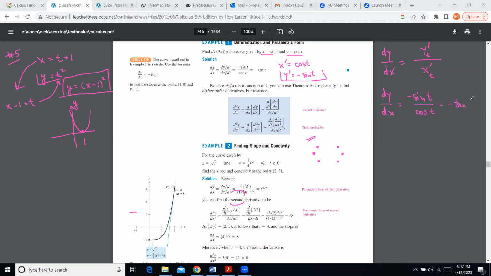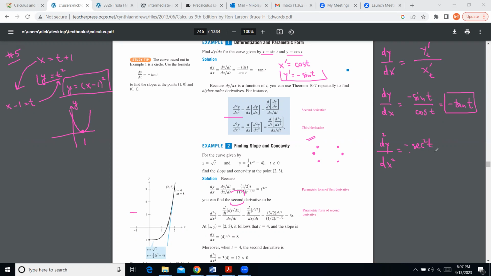That's the tangent. Now, you can also find the second derivative by taking the derivative of the first piece. So we call it d2y with respect to dx squared, the second derivative. So you need to take the derivative of tangent. Remember, the derivative of tangent is secant squared, something like that. And since it's negative, it'll be negative secant squared of t.